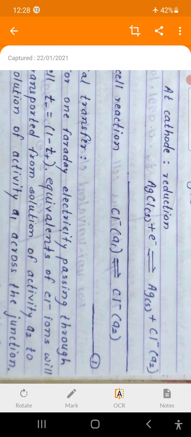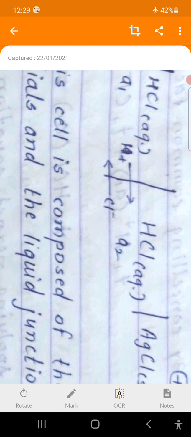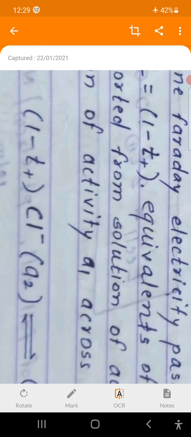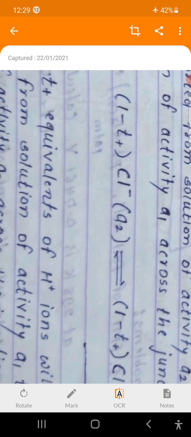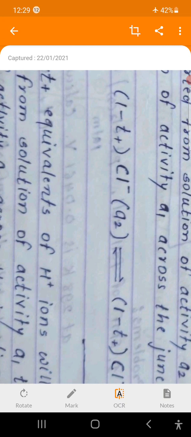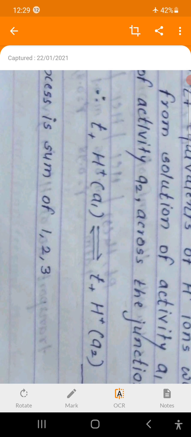Cl minus is migrated here from the solution having activity A2 to A1. Therefore, here we write it as A2 to A1. Therefore, this one is considered equation 2. At the same time, there is passage or movement of H plus ions from the solution having activity A1 to A2.